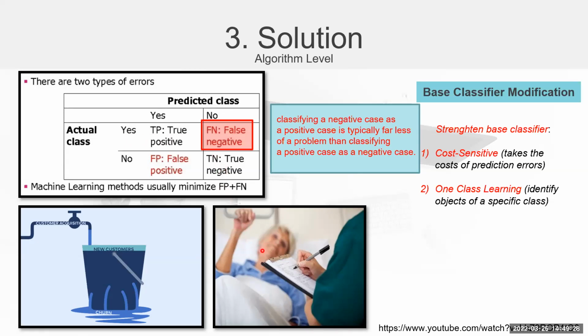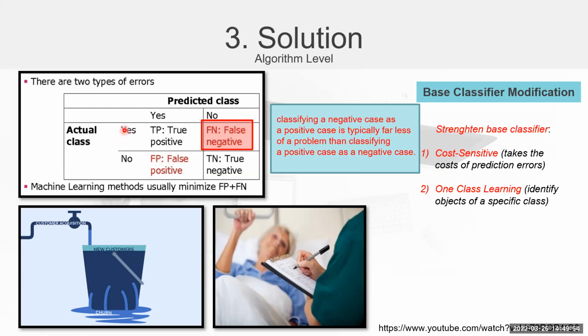Imagine that in a hospital, a person has a rare disease, and the machine wrongly predicts that the patient is fine.